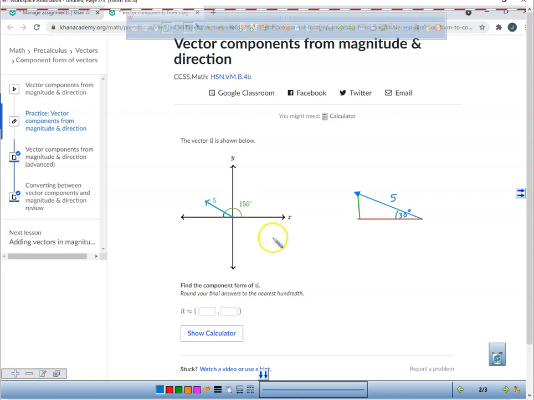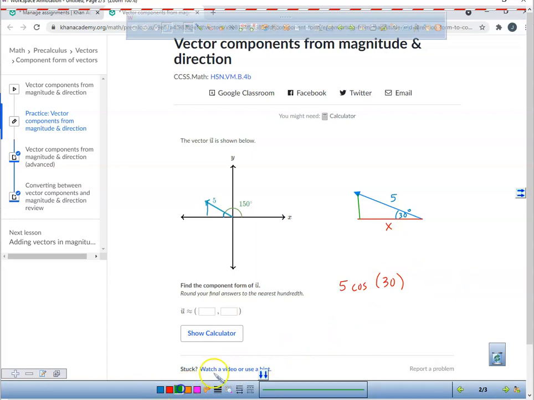Now, let's do the shortcut now. So you guys see what I did there. I just made a right triangle off of that. So let's find our x component. So what do you think we're going to do for our shortcut? 5 cosine what? 5 cosine 30. Very good.